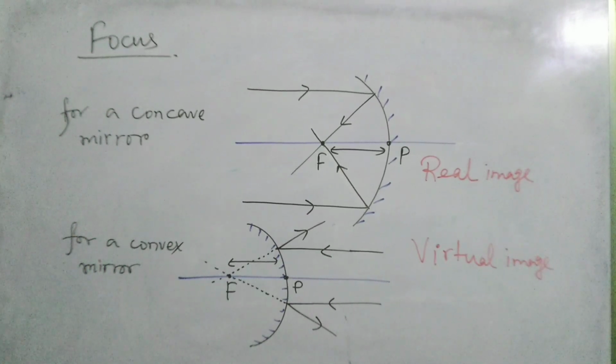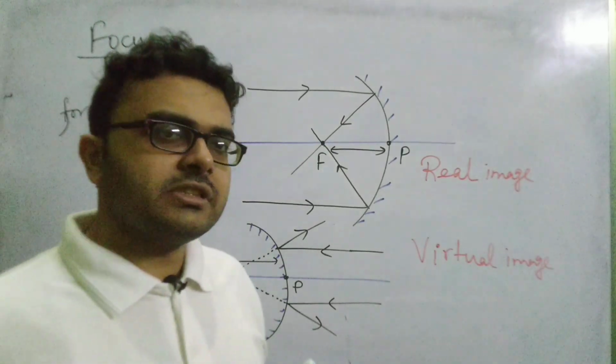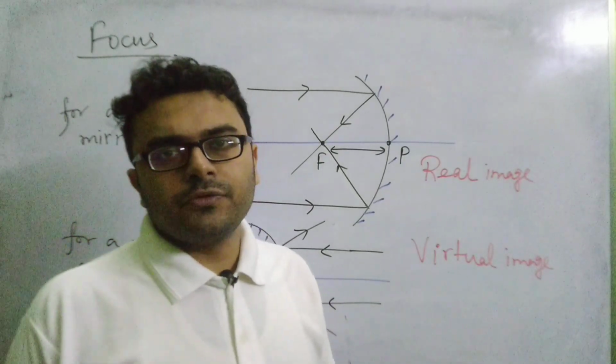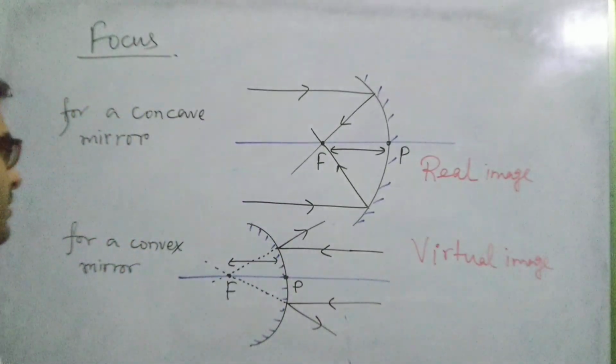So focal length, the distance between the focus and the pole of a spherical mirror, is called the focal length. Fine. So I think that all the terms related to spherical mirror are clear to all of you by now.